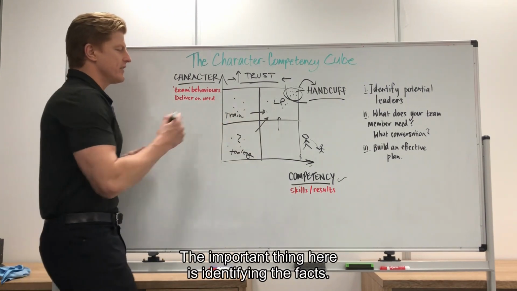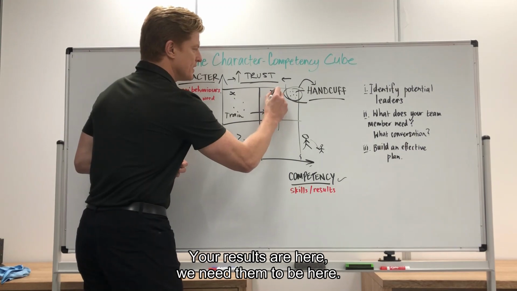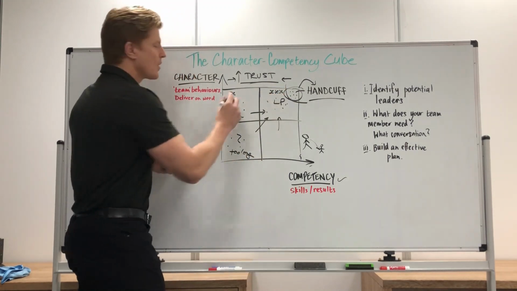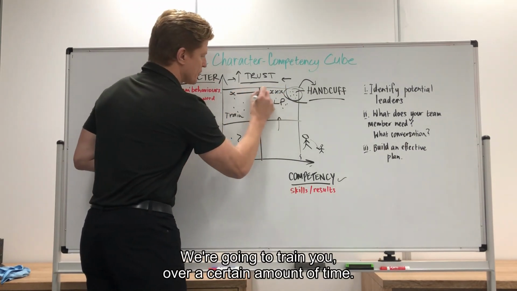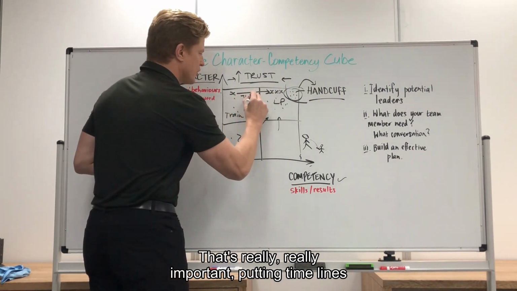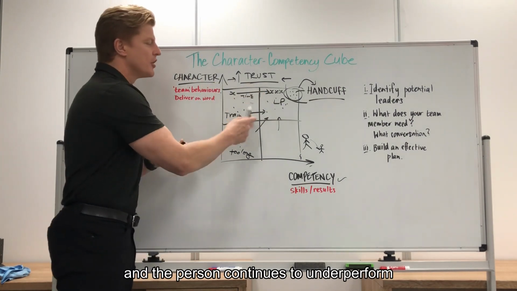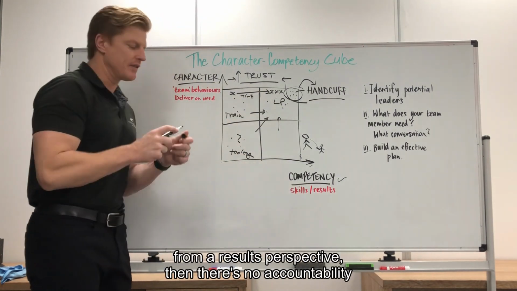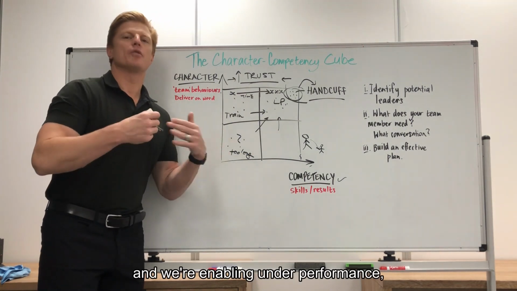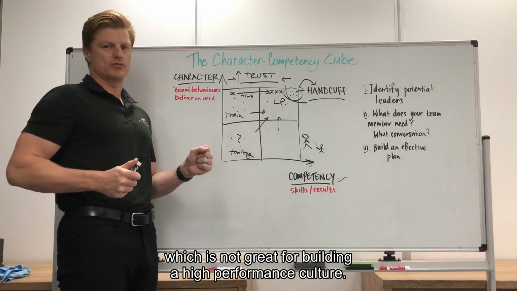The important thing here is identifying the facts: your results are here, we need them to be here, and we're going to train you over a certain amount of time. Putting timelines to the change in the results is really important. If we don't put a timeline there and the person continues to underperform, then there's no accountability and we're enabling underperformance, which is not great for building a high performance culture.